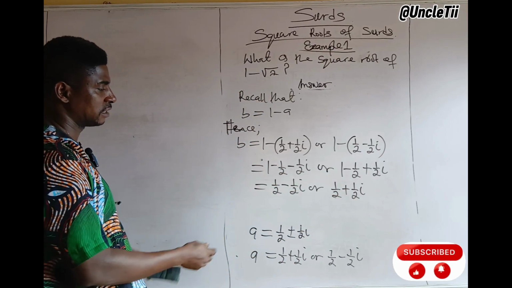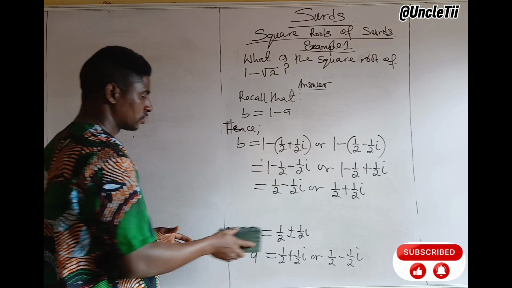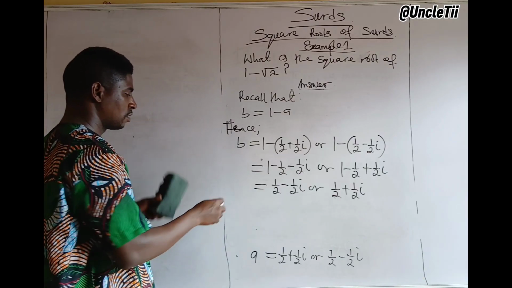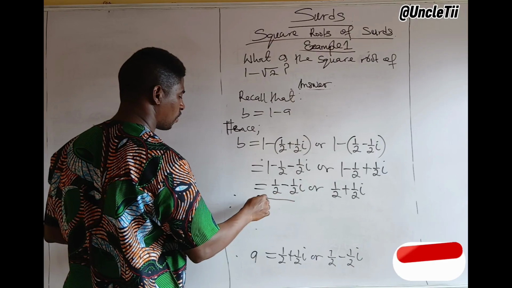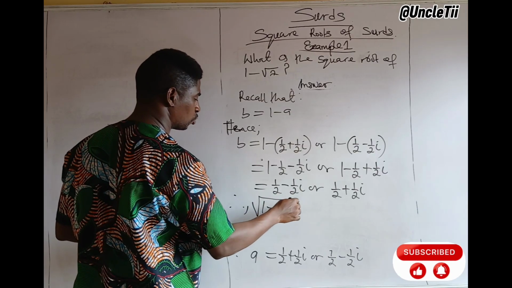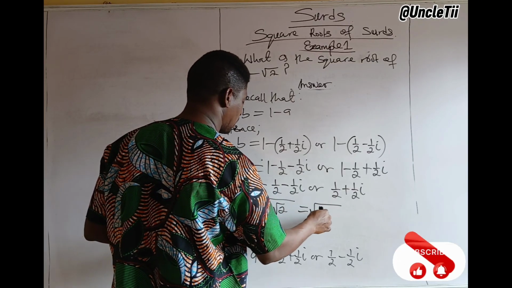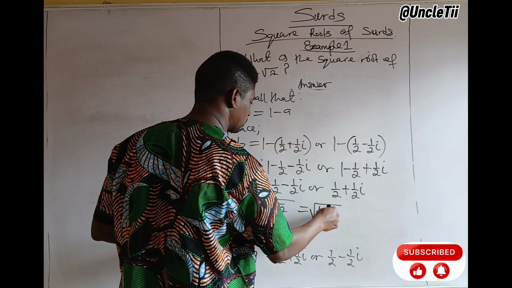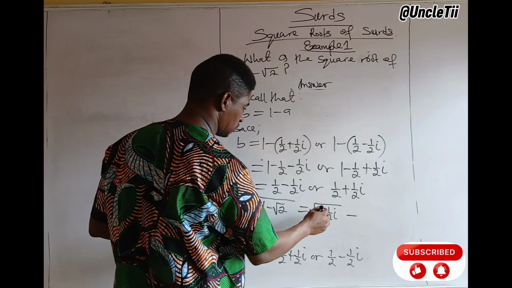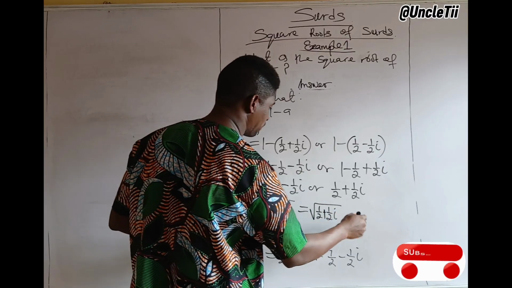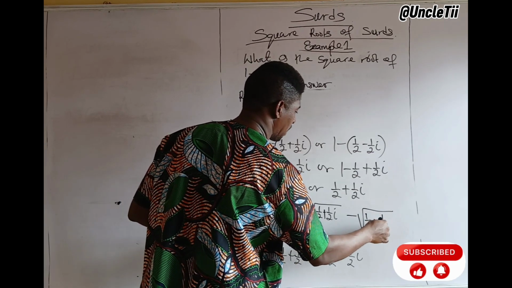So you notice that the two values are almost the same. It's just an alternation. So it means that we can therefore say that the square root of 1 minus root 2 is square root of half minus half i, minus square root of half plus half i.